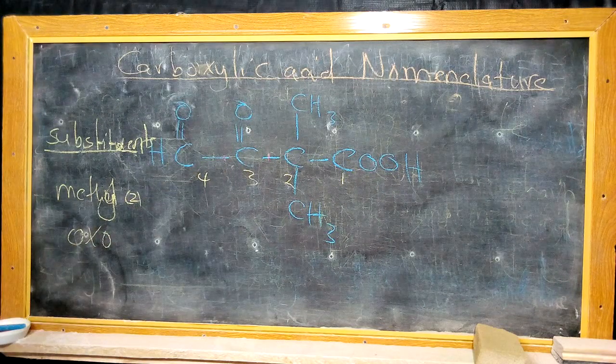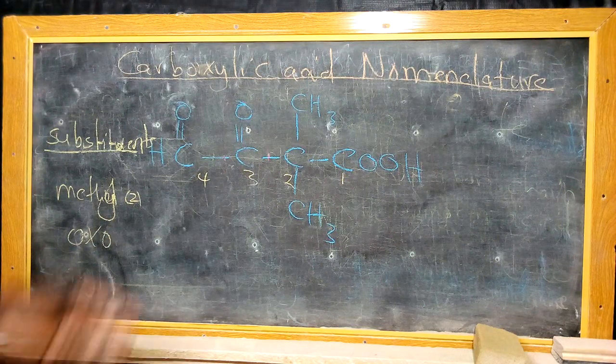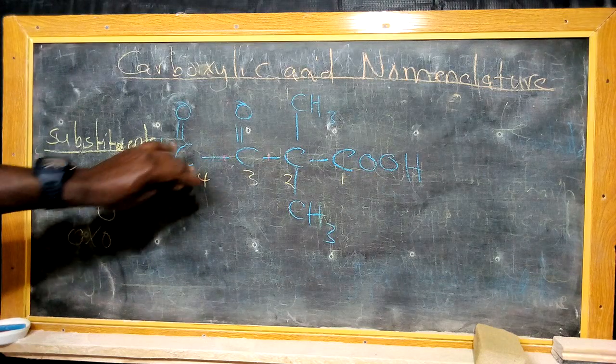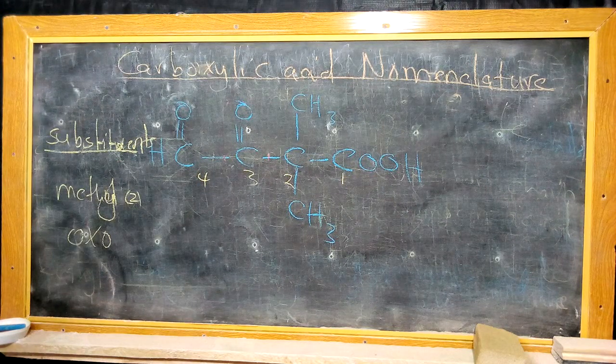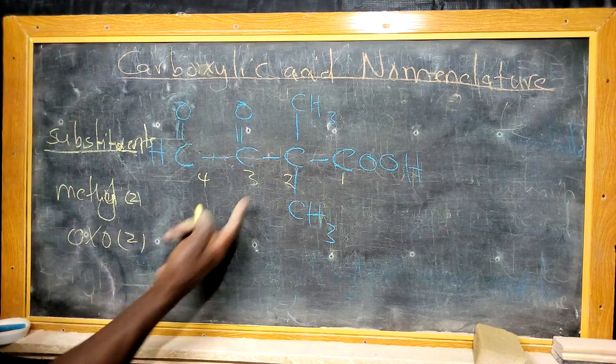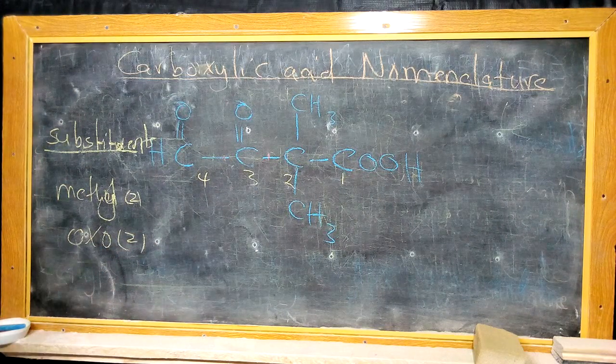An oxo group is a carbon that is attached to this particular oxygen, and another one here. So for that case, we have 2 oxo groups. One is attached at carbon 3 and another one is attached at carbon 4.